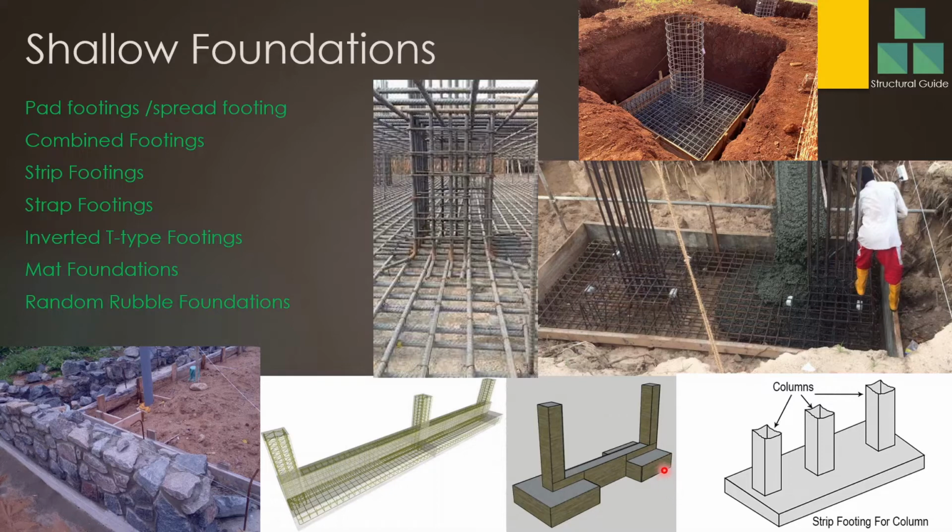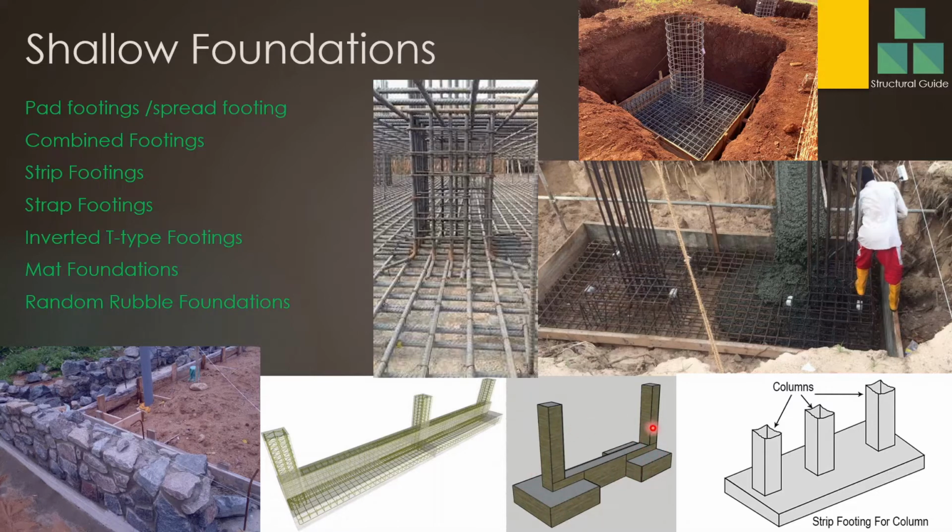The pressure at the edge will be higher and towards the other end it will be less. So here pressure will be less, here pressure will be high. That needs to be balanced, so we provide a strap beam connecting the footing to the inner column. This is a strap beam, and this is a strap footing. By this beam we can control the rotation of the footing due to the eccentric loading.